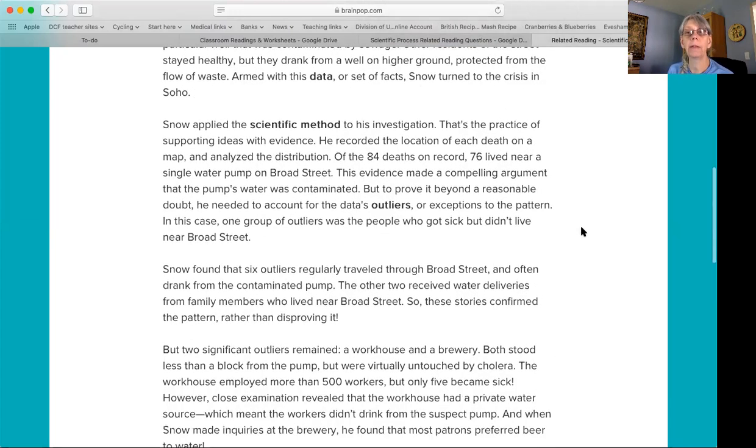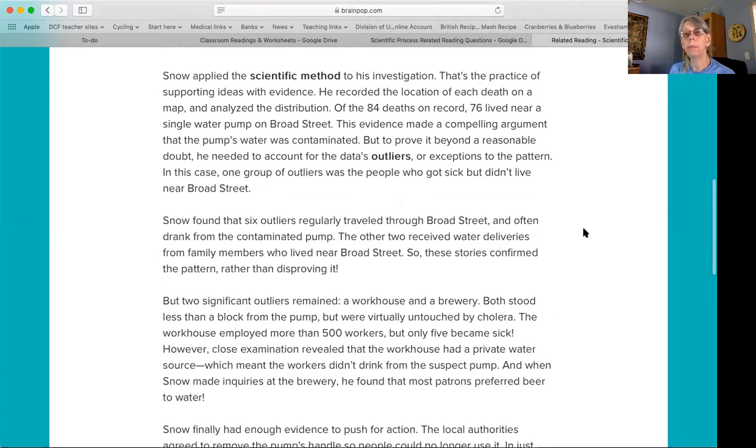So he made a hypothesis that people who were dying were getting water from the same source. He recorded the location of each death on a map and analyzed the distribution. Of the 84 deaths on record, 76 lived near a single water pump on Broad Street. This evidence made a compelling argument that the pump's water was contaminated.